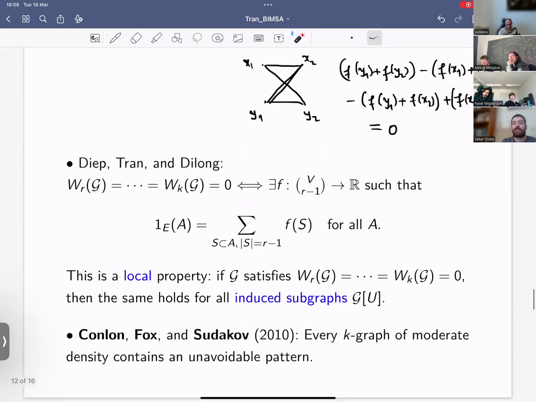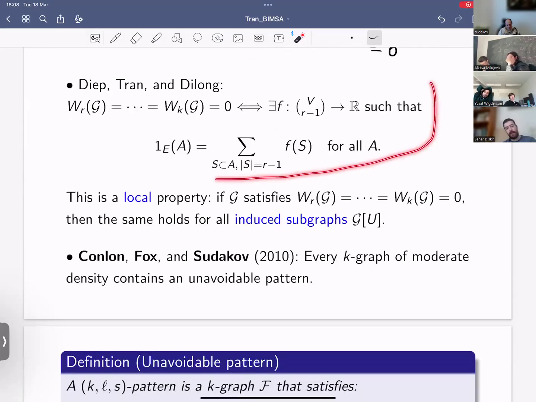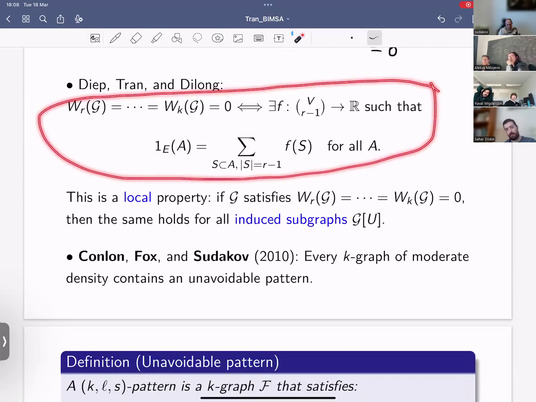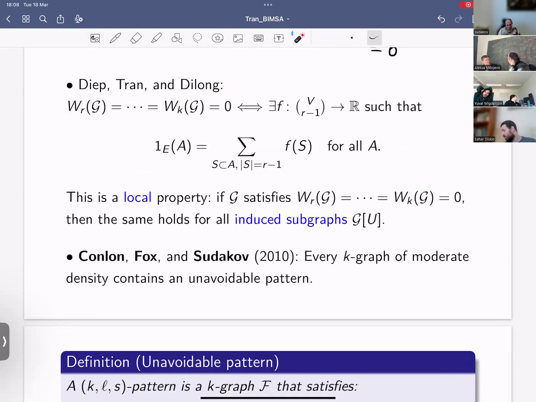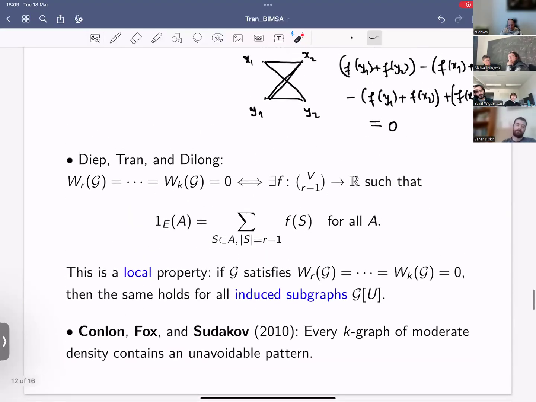So if all of the W_r to W_k are close to 0, we must prove that we can find a function f such that the indicator is approximately the right-hand side. We managed to prove it using Fourier analysis, and for that, this definition of the double vector is not suitable. We need to use its L2 version.